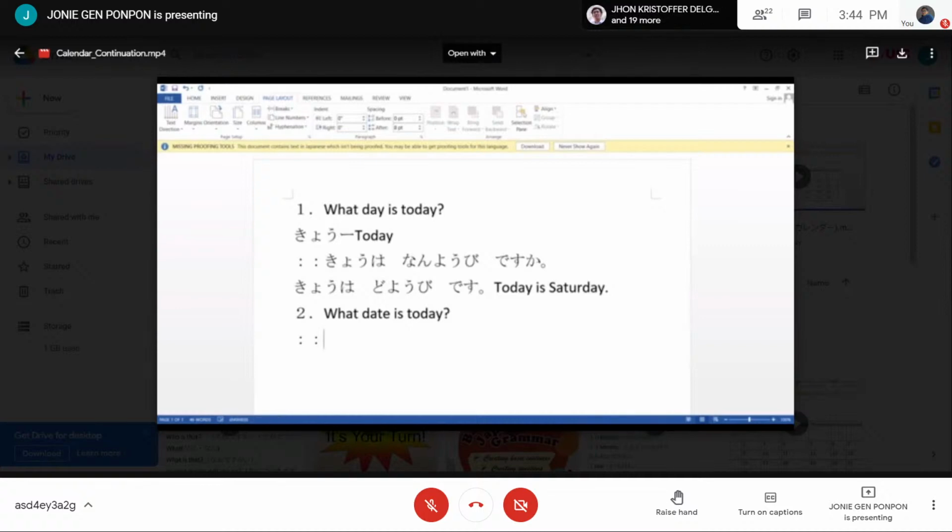Of course, you can change the today into tomorrow, the next day, or next week. Depende na lang yan sa inyo kung ano yung itatanong nyo. But for the sample sentence here, we will use the today. So what date is today?